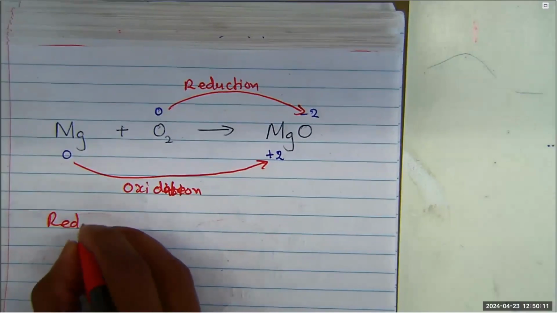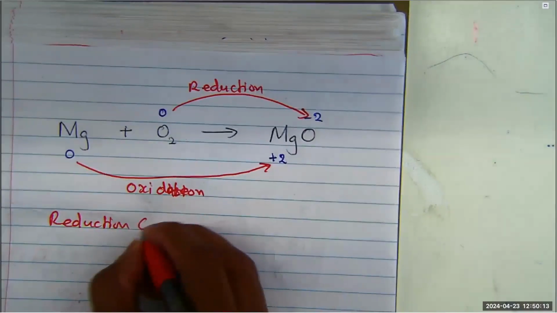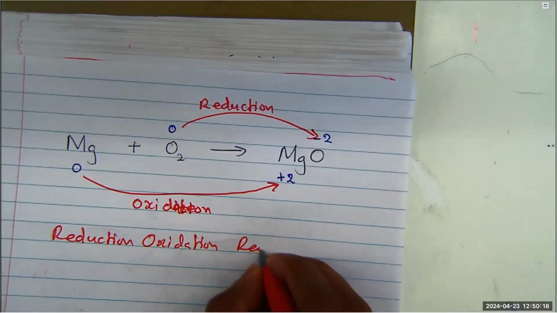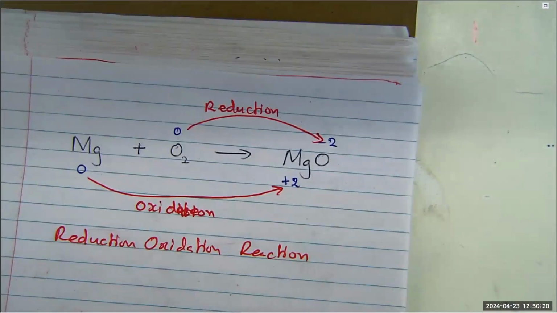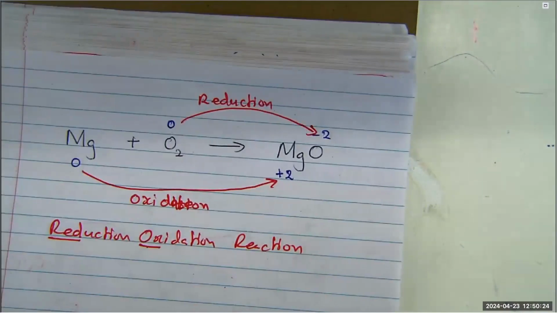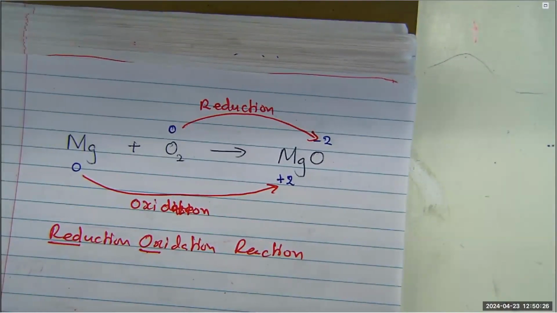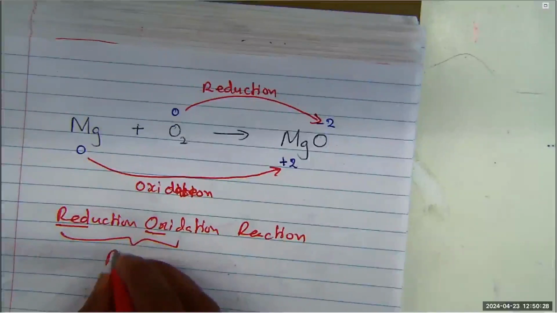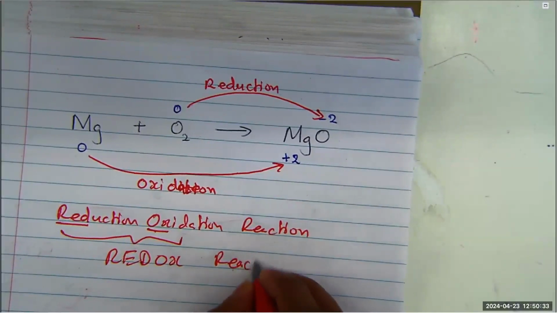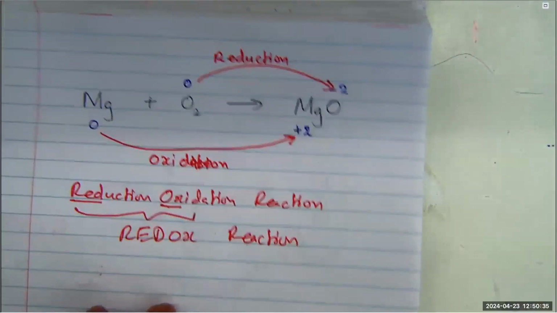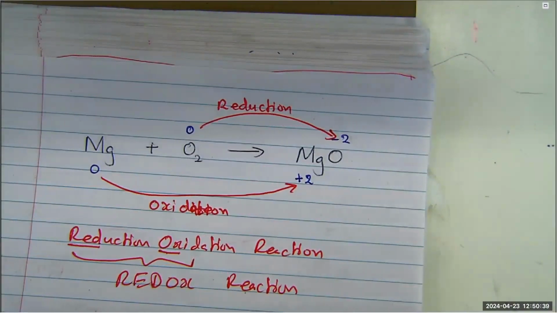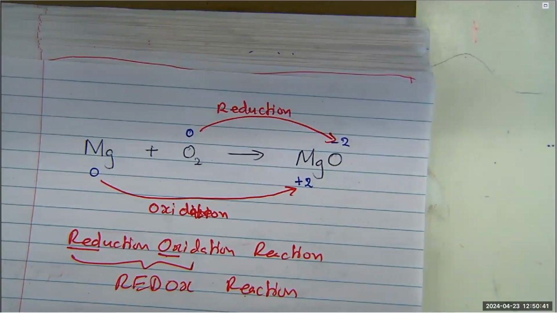That is too much to say, so let's take red from reduction and ox from oxidation and call these redox reactions. This is what redox reactions are all about. One is getting oxidized, the other one is getting reduced.